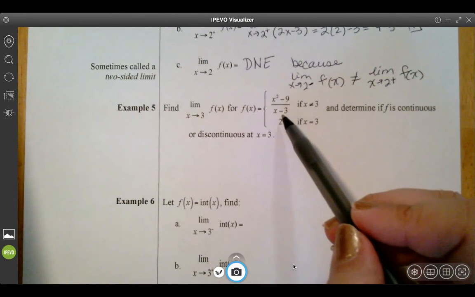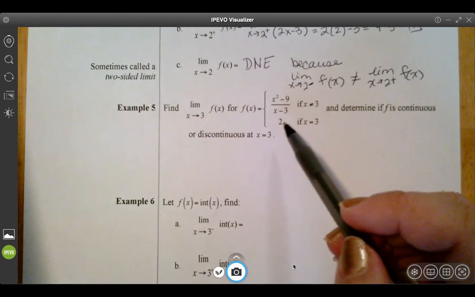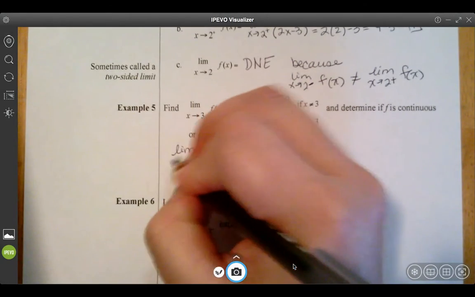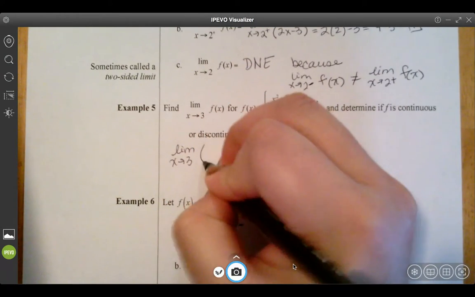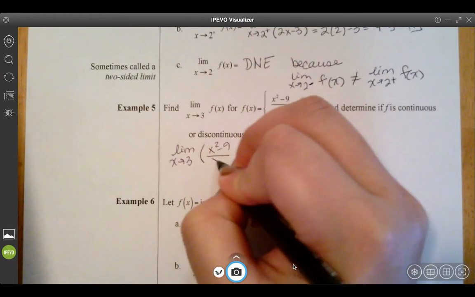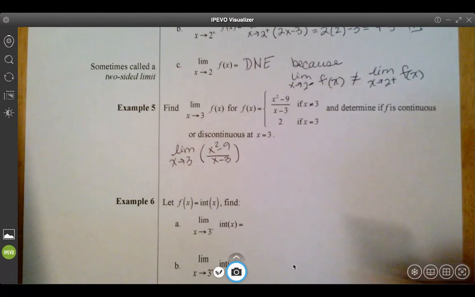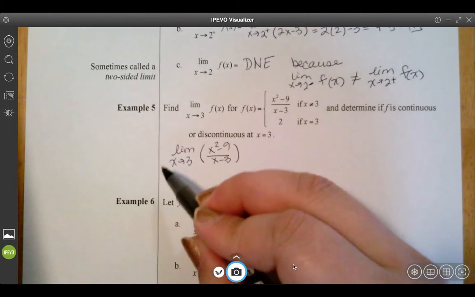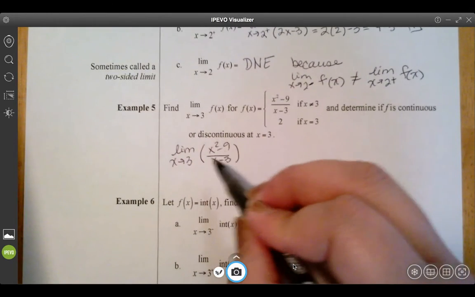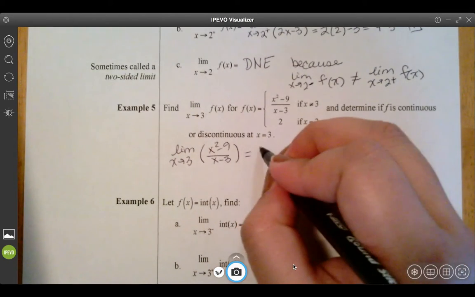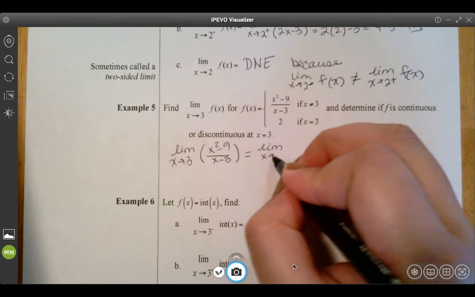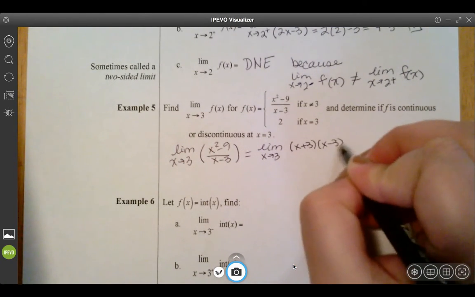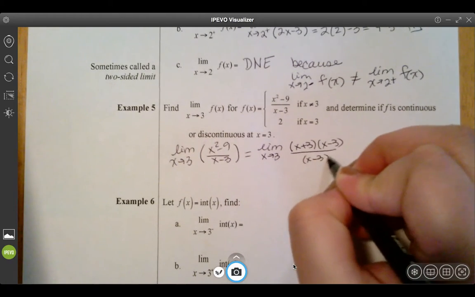Now you can look at your calculator, but remember, we cannot always trust our calculators. So we want to find the limit as x approaches 3 of x squared minus 9 over x minus 3. Remember, if it has an undefined value where we're looking, then we have to simplify the function. So we can factor this, difference of squares: x plus 3 times x minus 3 over x minus 3.